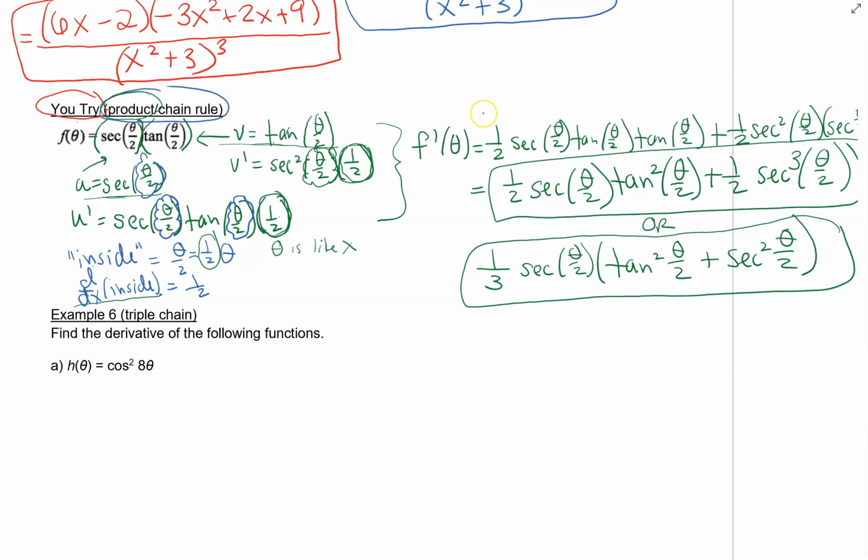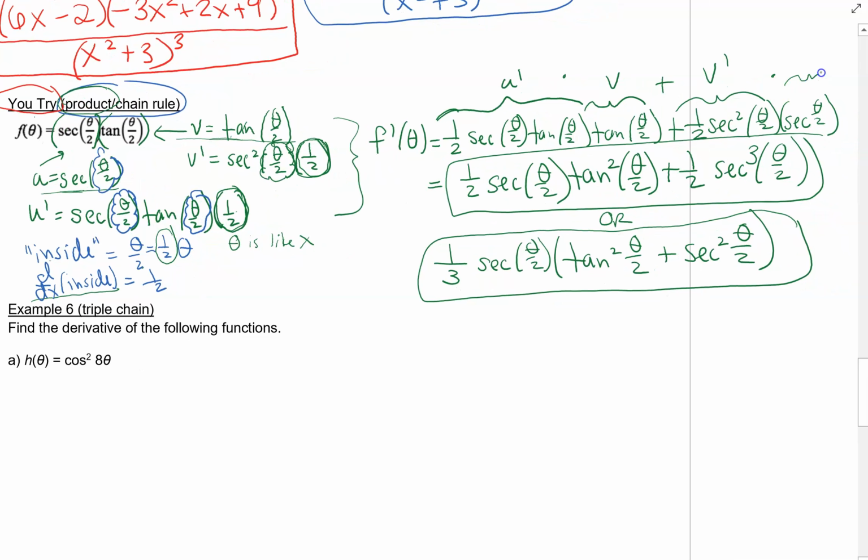So then over here, this was u prime v plus, and then this was v prime u. And I had moved the 1/2s in front because it just makes more sense when you're writing trig expressions to have the constants in front. And then I could multiply the tan on the tan to get tan squared, and I multiplied secant squared and secant to get secant cubed.